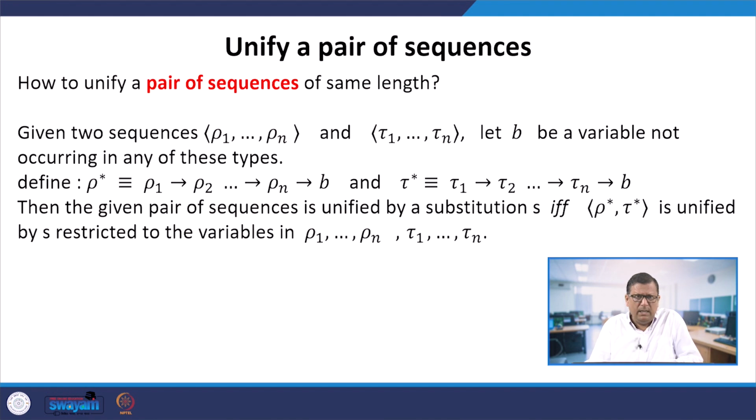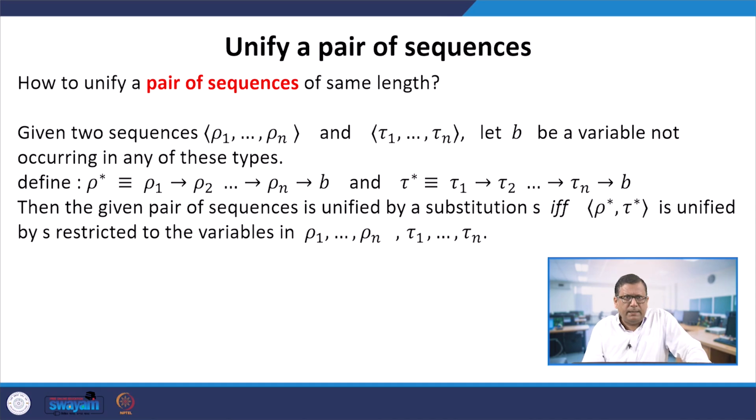So we have to give a definition of how to convert these sequences into our original form. If we have two sequences, rho 1 ... rho n and tau 1 ... tau n, introduce a new variable b that is not occurring in any of these types.